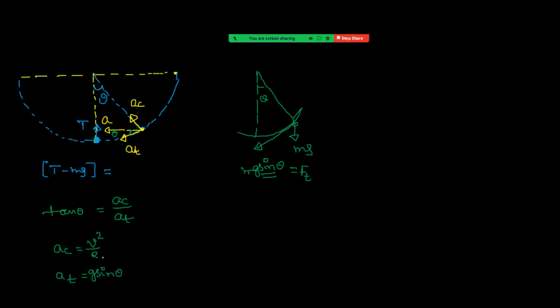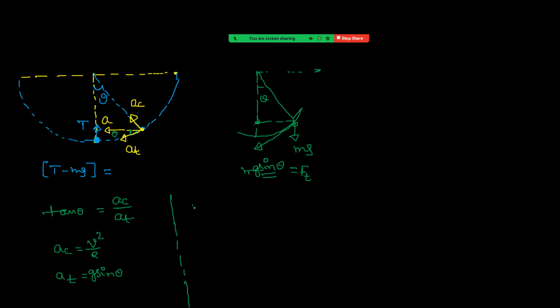To find v square by r, I am using conservation of mechanical energy. Let us say releasing from here. When it makes angle theta, you can see by what distance it has come down. See carefully, it was initially vertical like this. Now it is here. It has come down along vertical by a distance r cos theta.